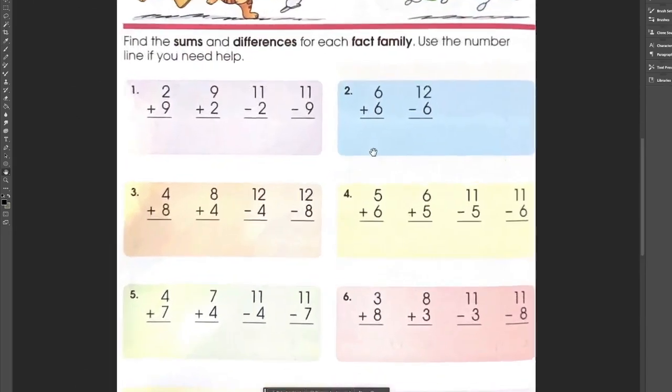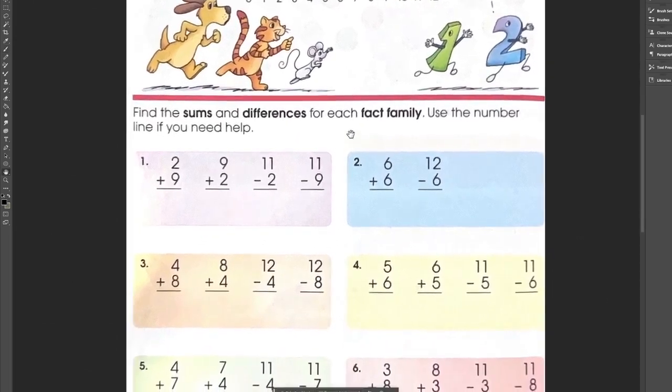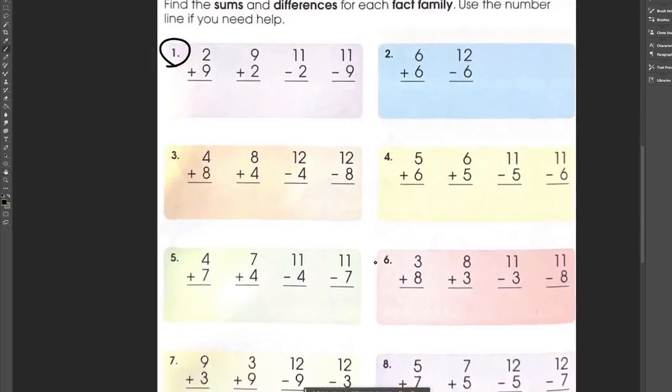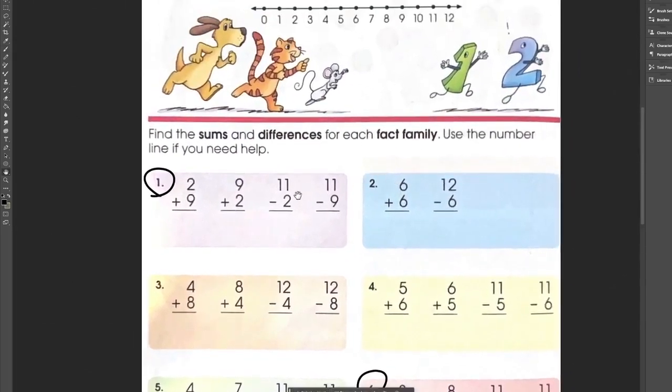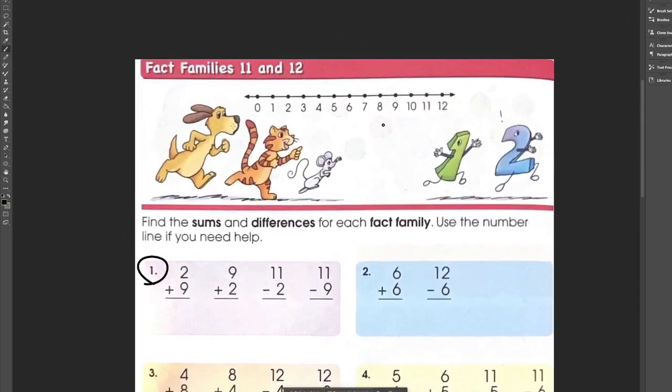And finally, we have page 4, which is fact families from 11 and 12. To find the sums and differences for each fact family, use the number line if you need help. Now, for this one, let's do 1 and 6. Alright, so 2 plus 9. First, let's calculate what 2 plus 9 is.